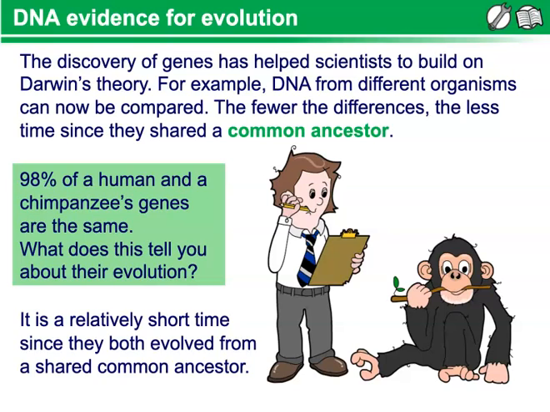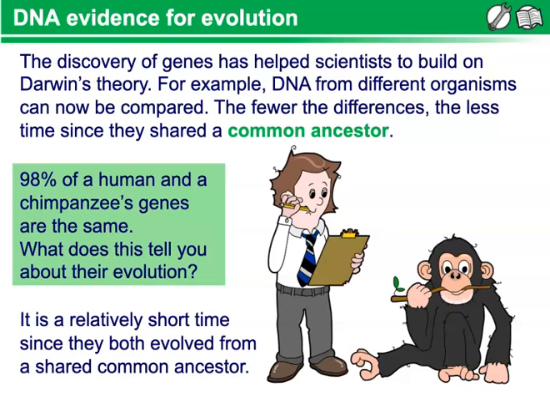DNA evidence for evolution. The discovery of genes has helped scientists to build on Darwin's theory. For example, DNA from different organisms can now be compared, and we will look at this in future lessons. The fewer the differences, the less time since they shared a common ancestor.